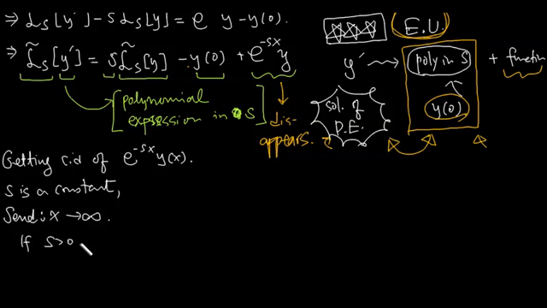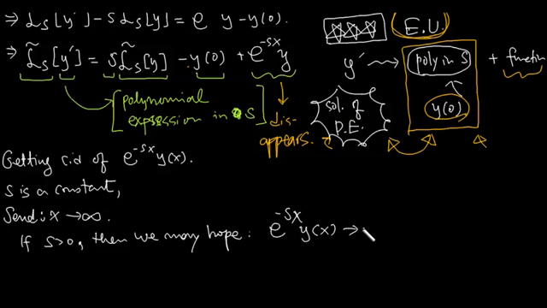So if S is positive, we may hope there's a good chance, for many ordinary functions, that e to the negative sx, while this s is fixed and x is approaching infinity, then y(x) approaches 0 as x approaches infinity.